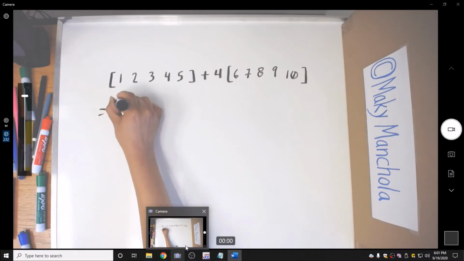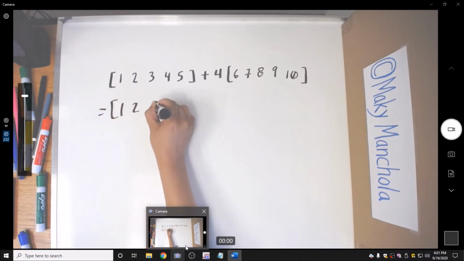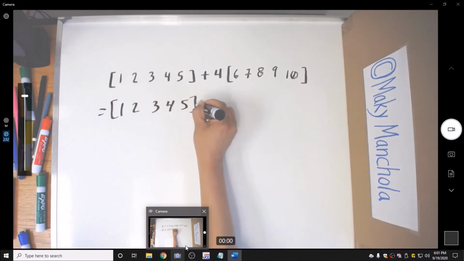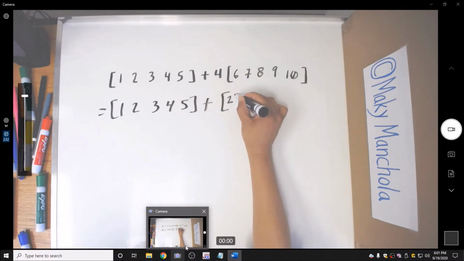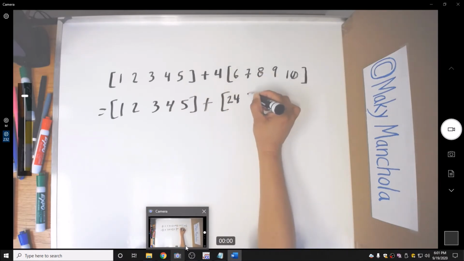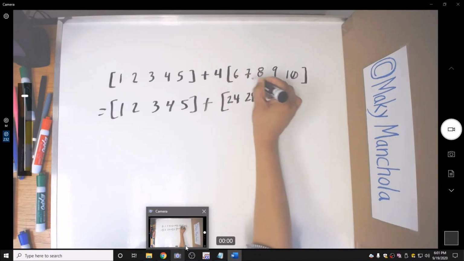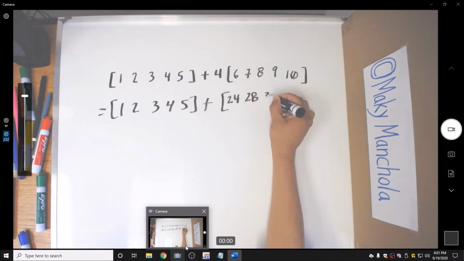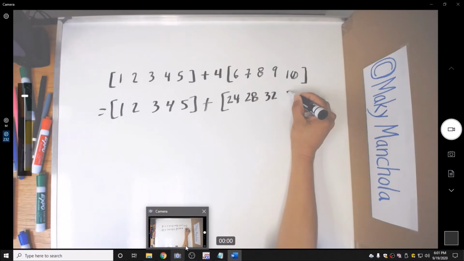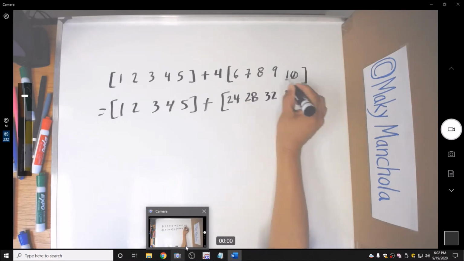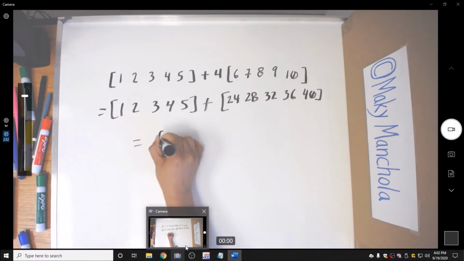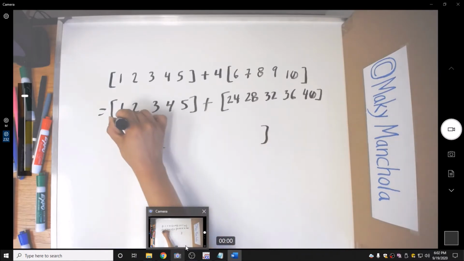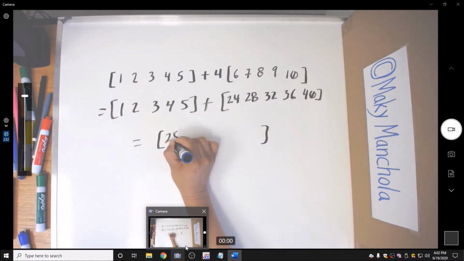So this is equal to still row 1 plus the following row matrix. 4 times 6 is 24. 4 times 7 is 28. 4 times 8, 32. 4 times 9, 36. 4 times 10, 40. Our result is 1 plus 24 is 25.